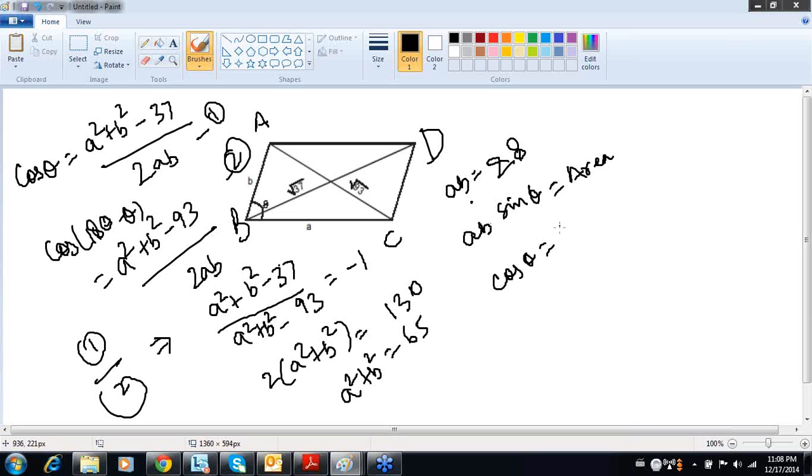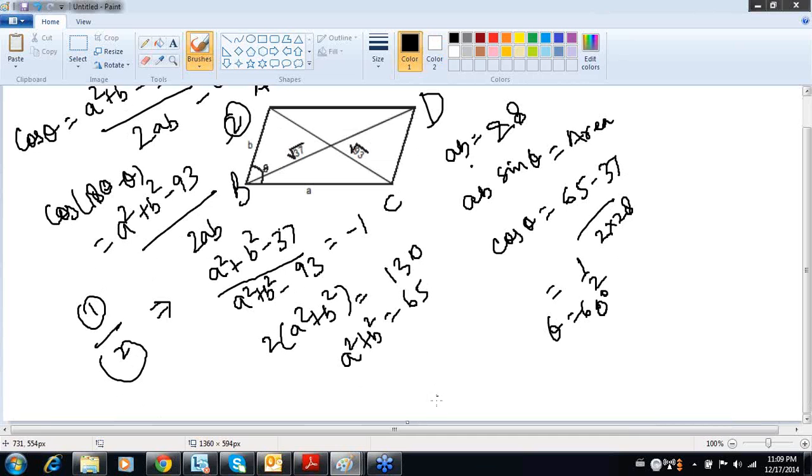So you will find 65 minus 37 upon 2 into 28, which is equal to half. If cos theta is half, theta is 60 degrees.